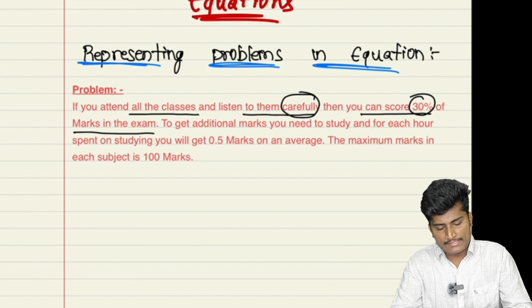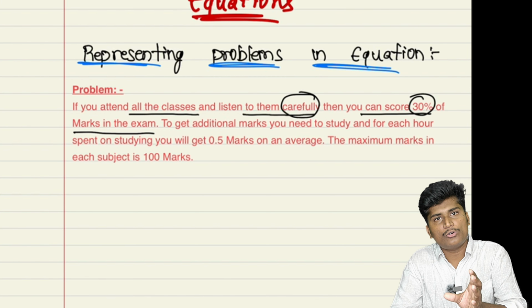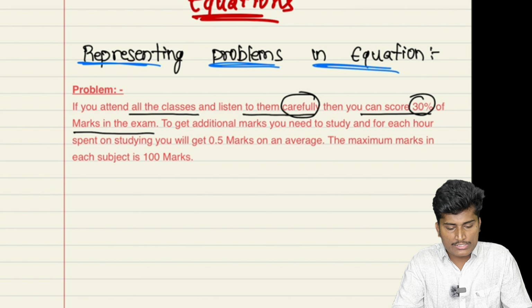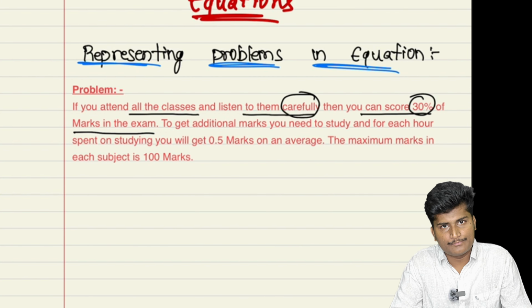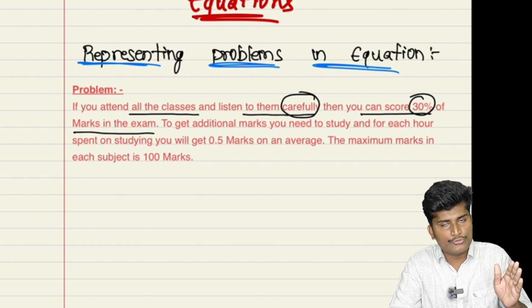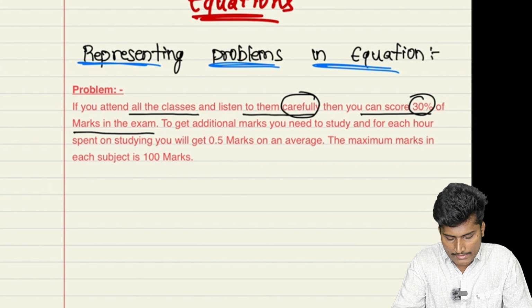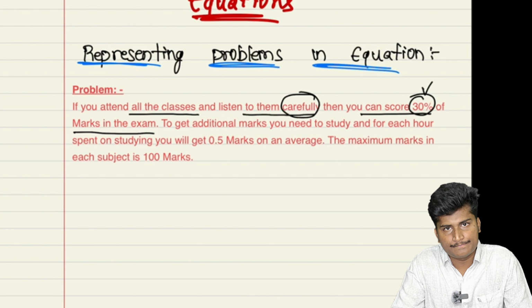What this means is, after listening to the classes, you go to the exam directly without even studying anything, without studying even for 1 hour, without revising anything. If you just listen to the classes and go and write your exams, then you will get 30% of the marks in the exam.